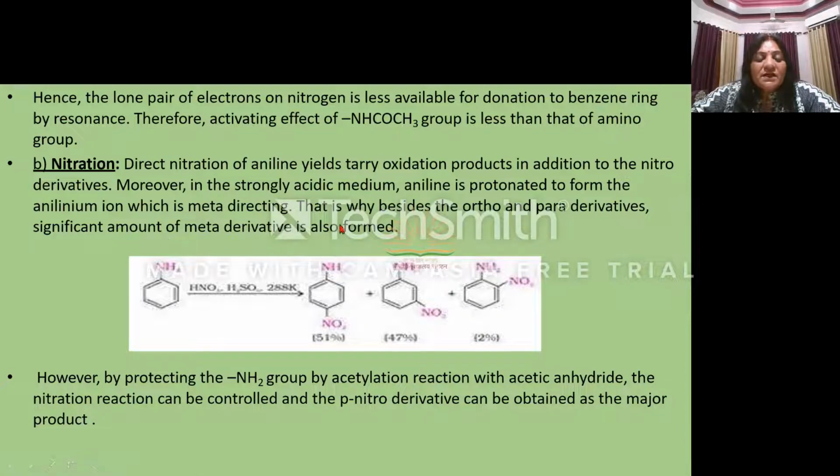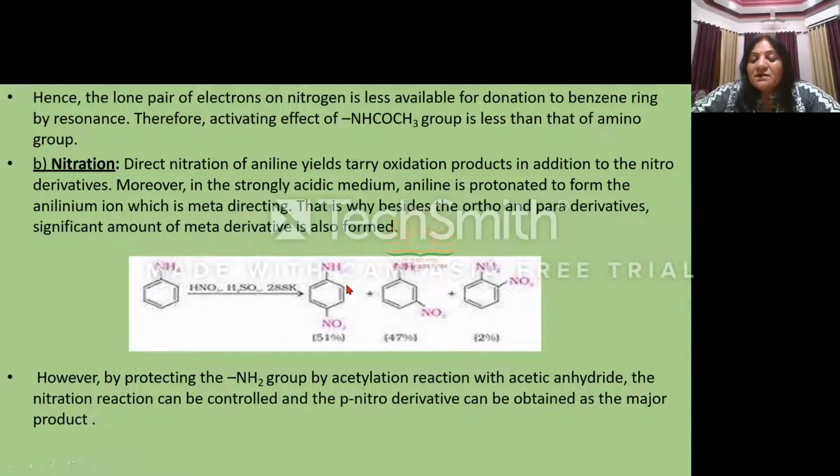When we do the nitration of aniline, the nitrating mixture is concentrated HNO3 in presence of concentrated H2SO4. It releases the electrophile, the NO2 positive nitronium ion, at 288 Kelvin. But due to the presence of the lone pair of electrons on the nitrogen atom, it accepts a proton and forms the anilinium ion. And this anilinium ion deactivates the electron density at the ortho position.